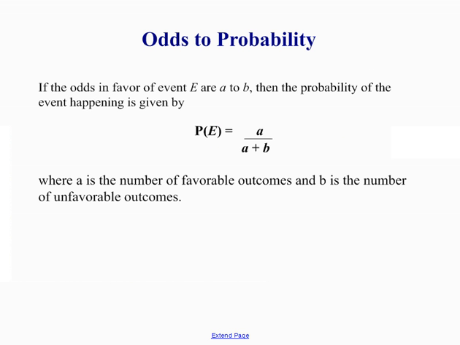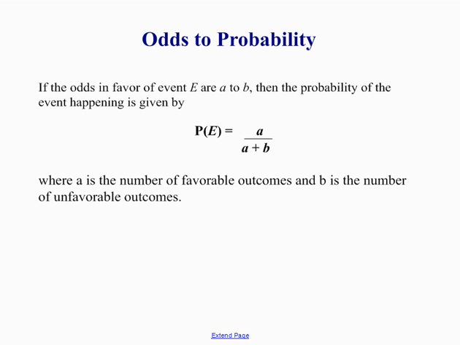Now, how do we go from talking about odds to talking about probability? If the odds in favor of event E are A to B, then the probability of the event happening is given by A over A plus B, where A is the number of favorable outcomes and B is the number of unfavorable outcomes.